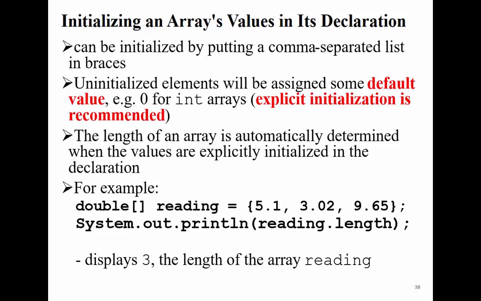These are the 3 elements. Java will compile the code, understand you're defining an array of 3 elements, and also assign the values to these 3 elements. So element number 0 is 5.1, and element 2 will be 9.65.